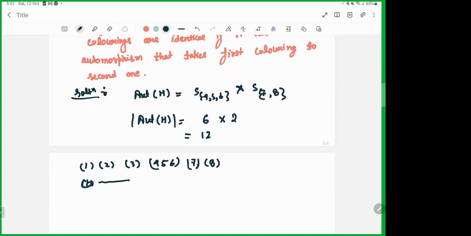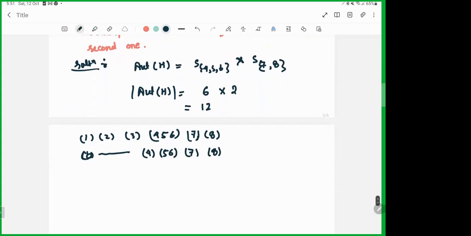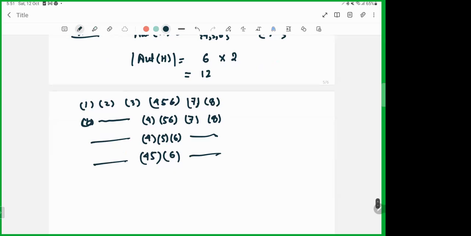I will keep 1, 2, 3 the same. Then you can do 4, 5, 6 as is, then 4 and 5, 6 interchanged, then 4, 6 interchanged.